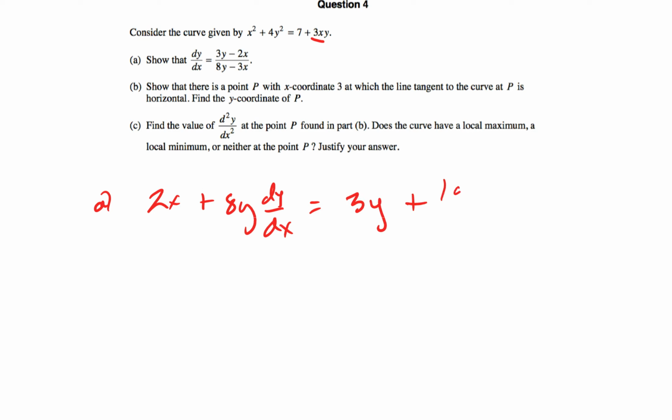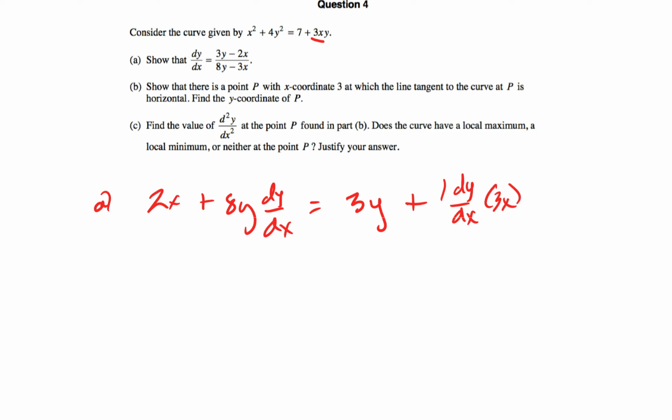Now try to get the dy/dx on the same side. Let's move stuff over. I'm going to move this over there because they have a positive 8y, so I'm going to keep that positive. Move that over there, move that over there. So 8y dy/dx minus 3x dy/dx equals 3y minus 2x.